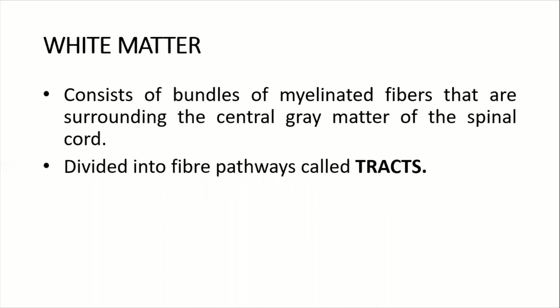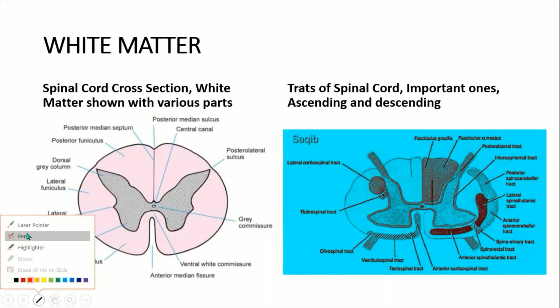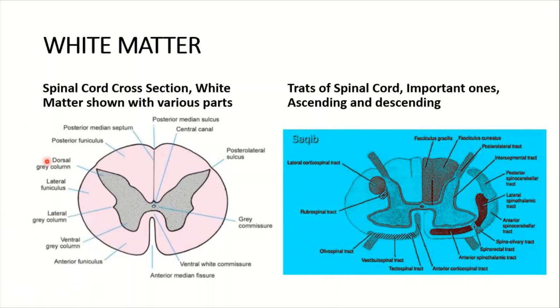Obviously in the spinal cord, in the central core is the gray matter, and around the periphery there is the white matter.